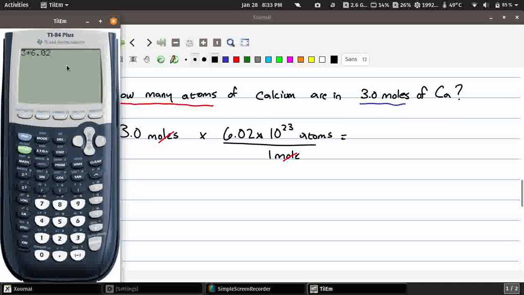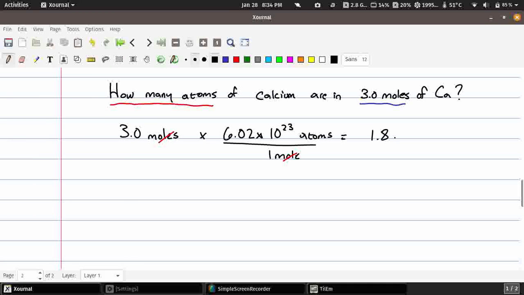And you're going to need to remember, EE stands for times 10 to the power of. So you need to be familiar with your calculator. Casios use something usually by the equal sign that'll say like times 10 to the power of, but for Texas Instruments scientific calculators that I recommended, there's a button that says EE. It's either second EE or it's just a button that says it. So anyways, the answer should be about 1.8 times 10 to the 24 atoms.